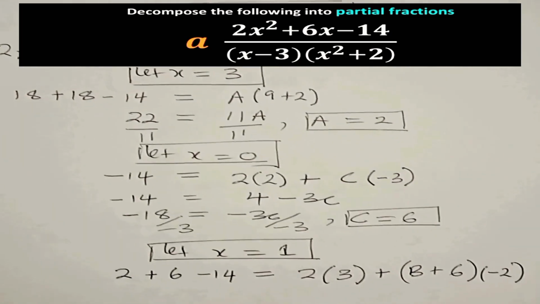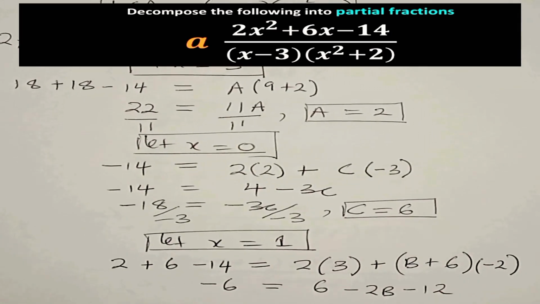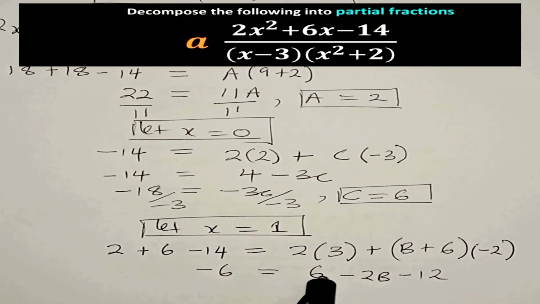All right. Now let's simplify. 2 plus 6, you get 8. 8 minus 14, you have minus 6. We have 6 on that, minus 2 times B, minus 2B, minus 12. Then you take this 6 to the other side. It becomes minus.